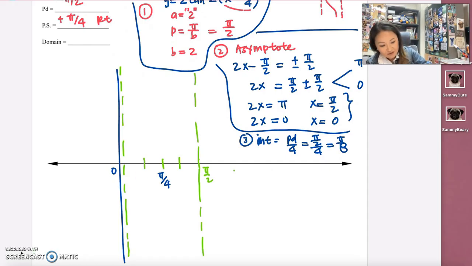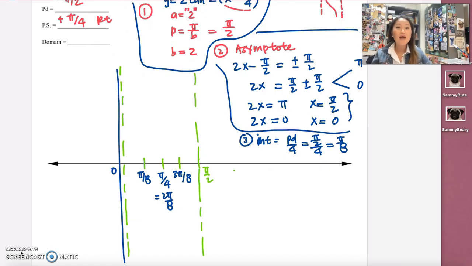So it's going to be pi over 8. Think about it: pi over 8, 2 pi over 8, 3 pi over 8, 4 pi over 8. And that's why this is 2 pi over 8, which is equivalent to pi over 4, and this is 3 pi over 8. Does that make sense?